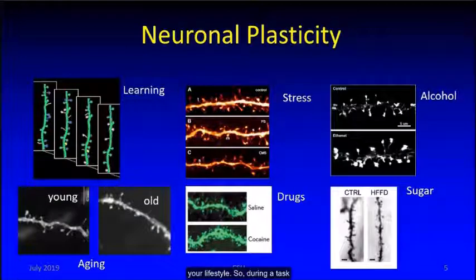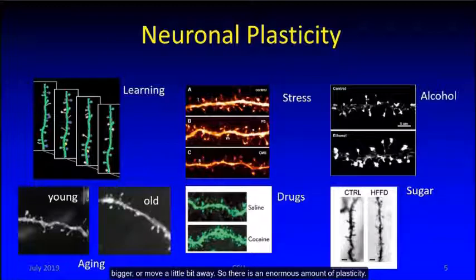During a task of learning or memory formation, you can observe this. It was taken from a live mouse where you cut a hole in the skull, and they taught the mouse, I think, to jump over a little hurdle on a treadmill. The mouse was learning this, and they could show how spines form, go away, get bigger, move a little bit away. So there's an enormous amount of plasticity.